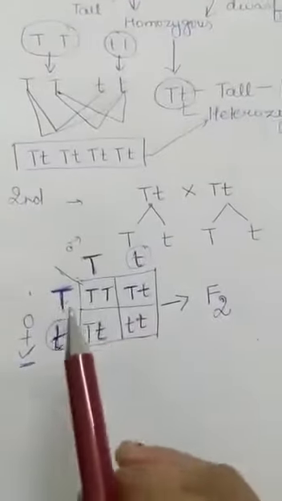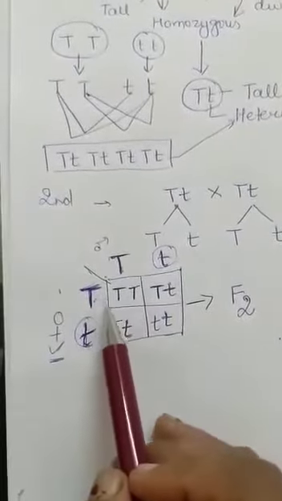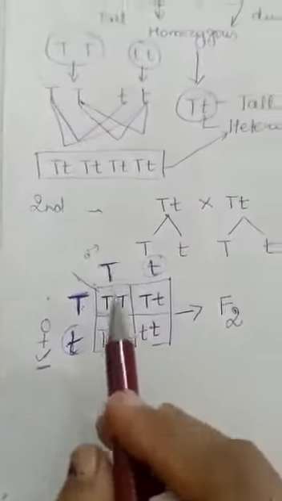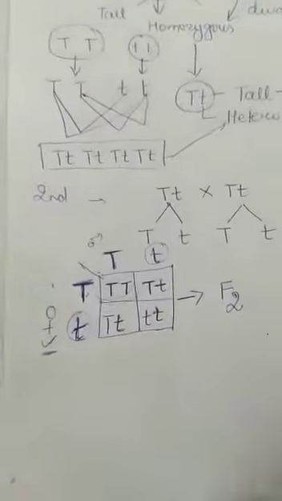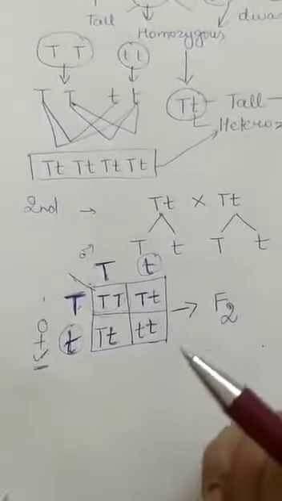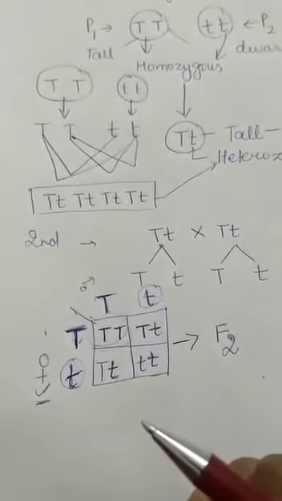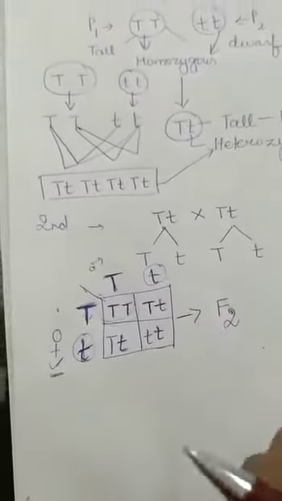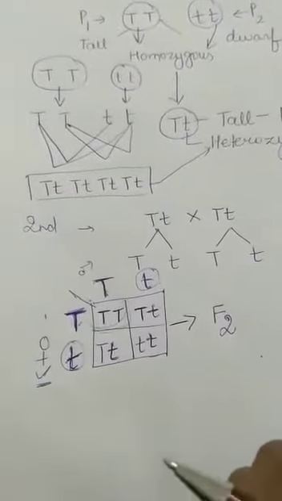Children, if you look at the possibilities, what will be the phenotype of these plants? This is the genotype: TT, Tt, tt, all these are genotypes. Genotype means genetic makeup. What will be the genetic makeup of the organism?